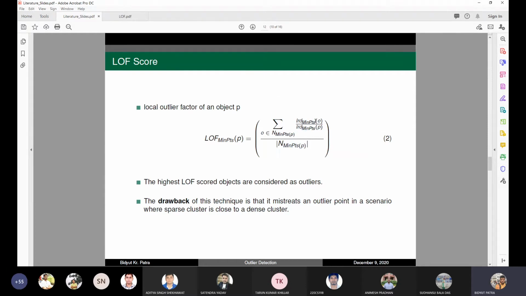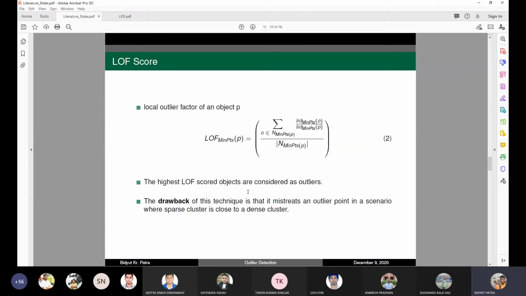We already computed the LRD of each point. Now compute the LRD of each of the neighbors of the point for which we want to find the LOF value, and then divide by the minimum number of points. That will give you the local outlier factor.